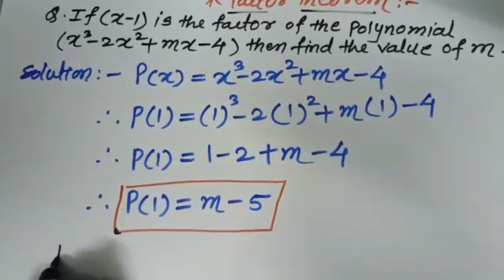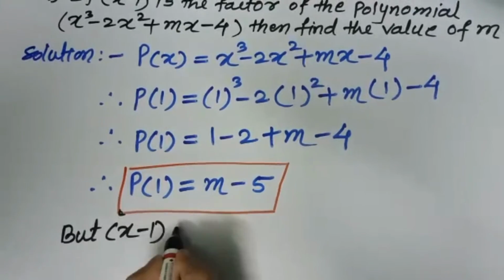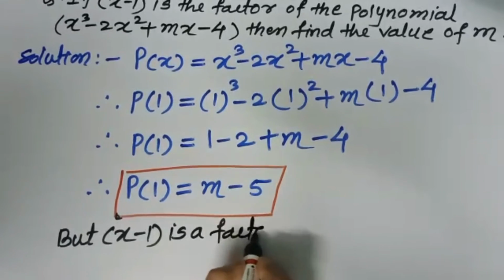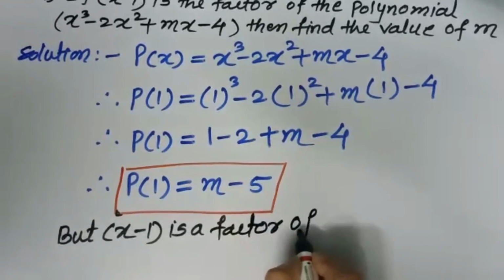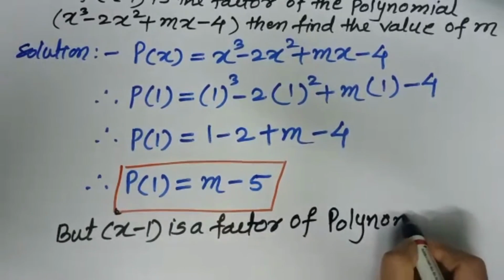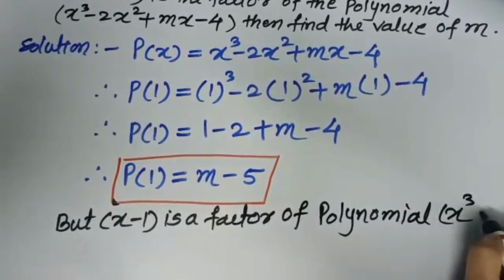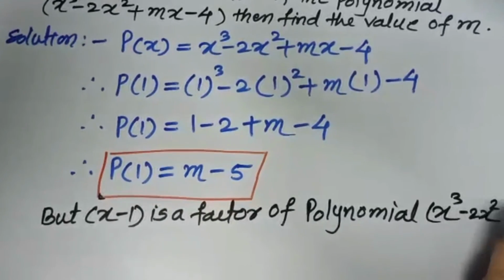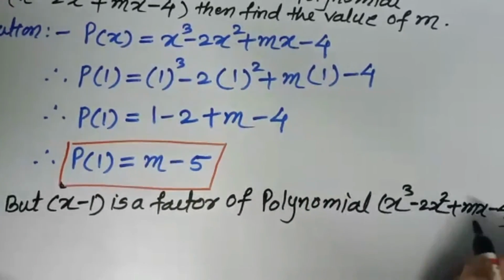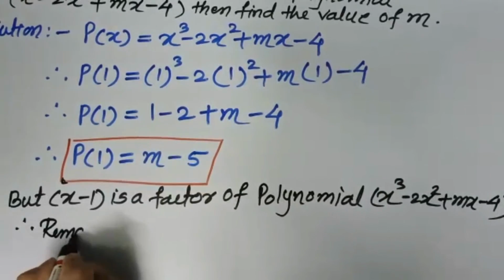So write, but x minus 1 is a factor of the polynomial x cube minus 2x square plus mx minus 4. Now write, therefore, the remainder must be 0.